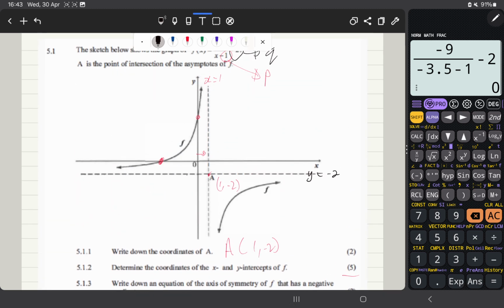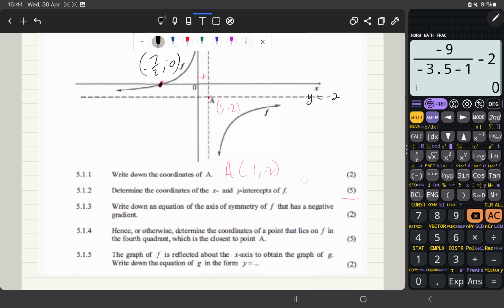And the x-intercept is minus 7 over 2 and 0, right? So yeah, let's move on.